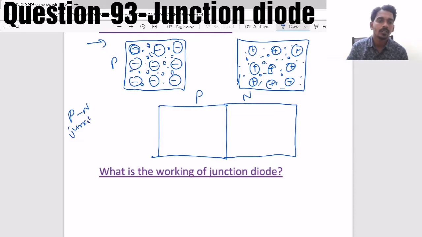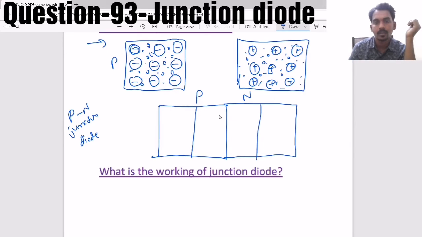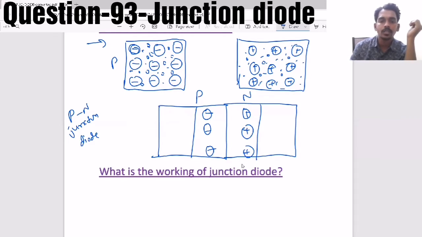PN junction diode. Now what happens is at the junction, P-side holes and N-side electrons will recombine up to some region, so that on one side negative ions will be there, and on the other side positive ions. So an electric field, the barrier field, will be developed.